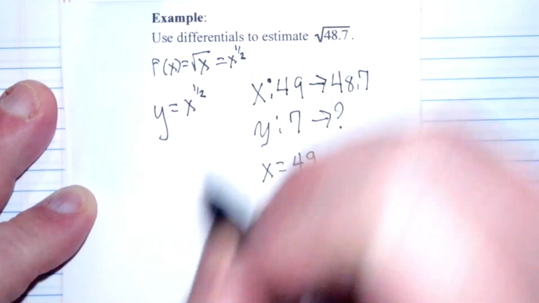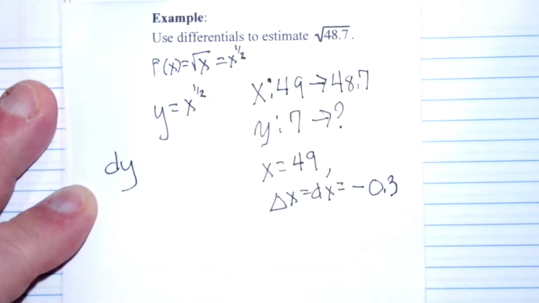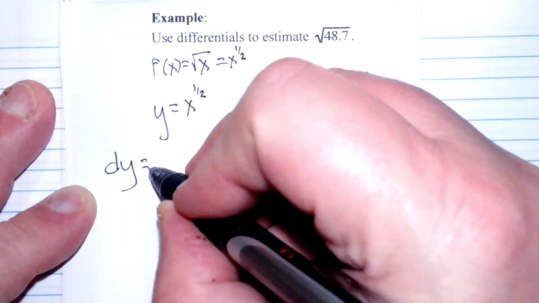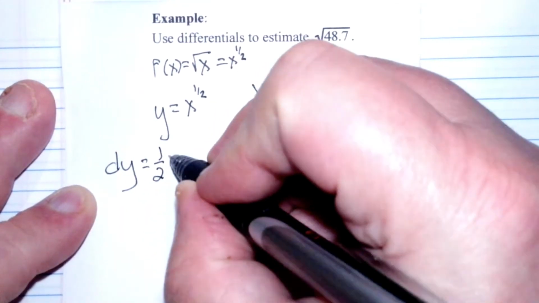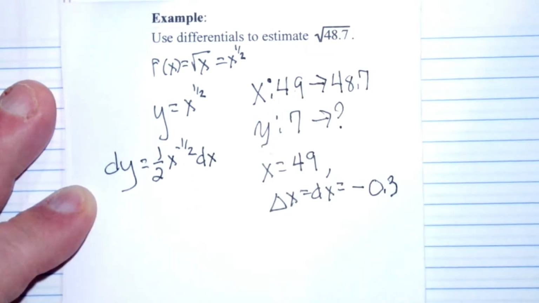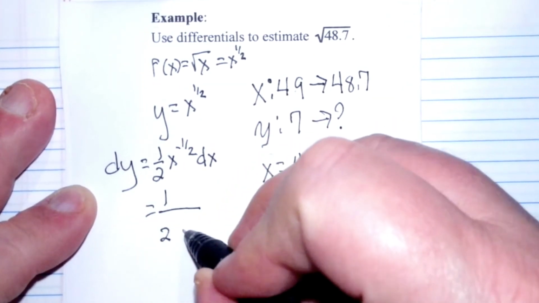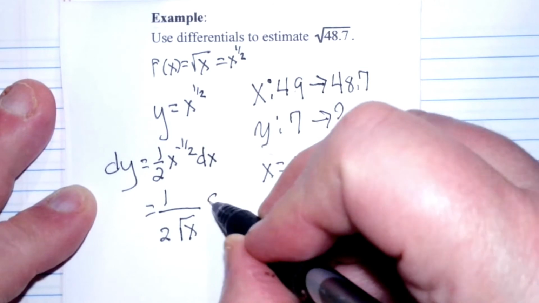So then let's go up here and find the differential y. So the differential y is the derivative times dx. That's 1/2 x to the negative 1/2 dx, or 1 over 2 times the square root of x dx.